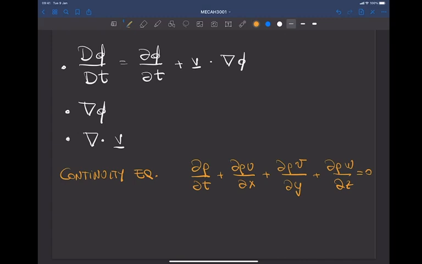So something that I see now very clearly is that if I look at these three terms, this is nothing but the three terms that compose the divergence of rho times the velocity vector v.